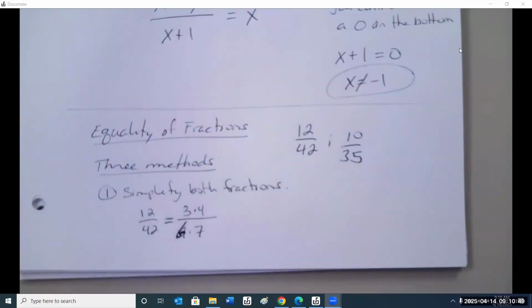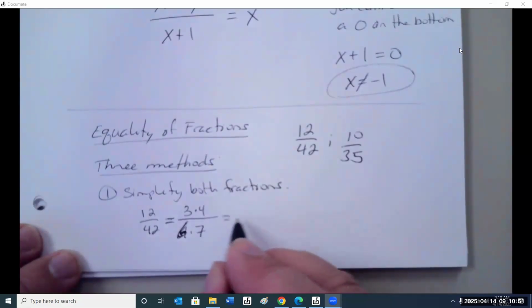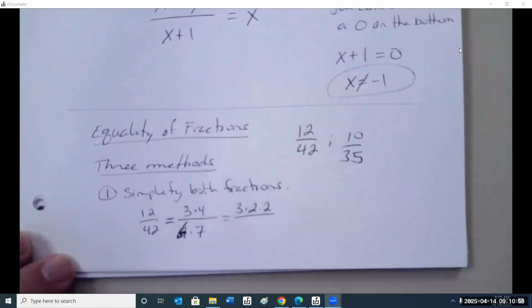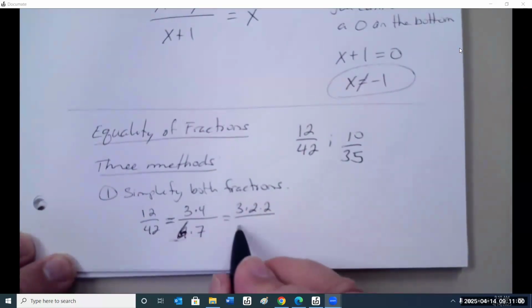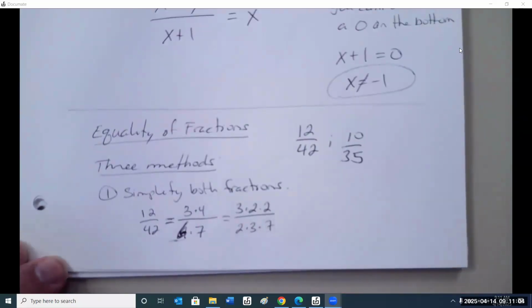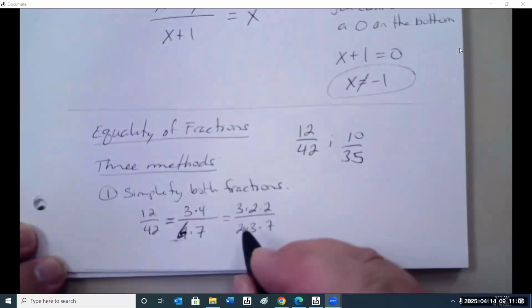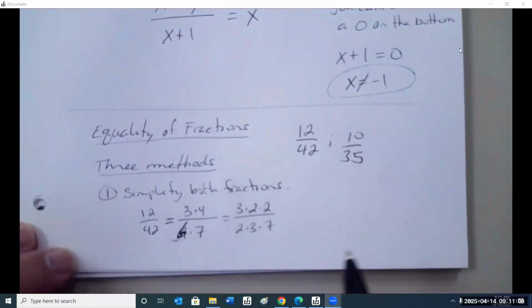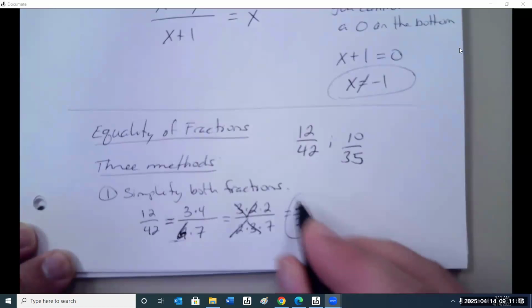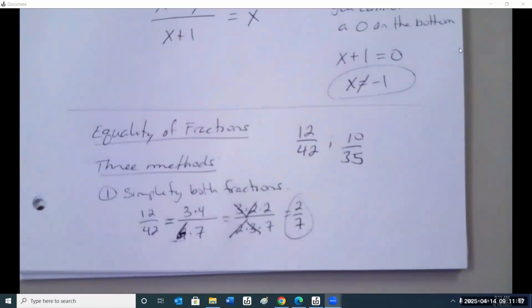Okay, so what is 4 made up of? Nothing cancels there. 4 is 2 times 2. What's 6 made up of? 3 times 2 is 6. Now, since we have numbers on the same top and bottom, the 2 can cancel, and the 3 can cancel. So we have 2 over 7. That's what the first one equals.